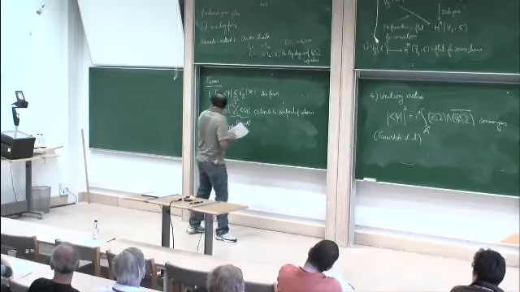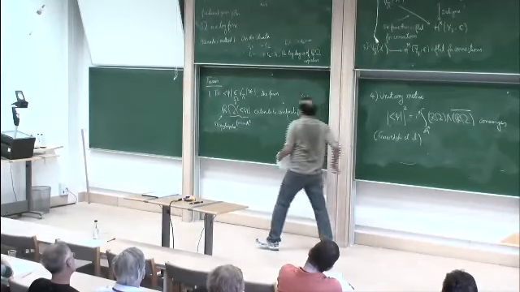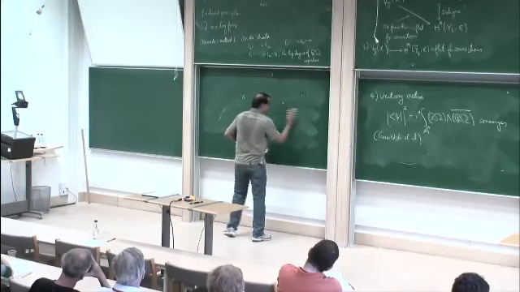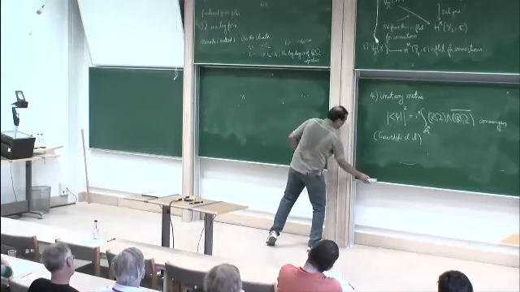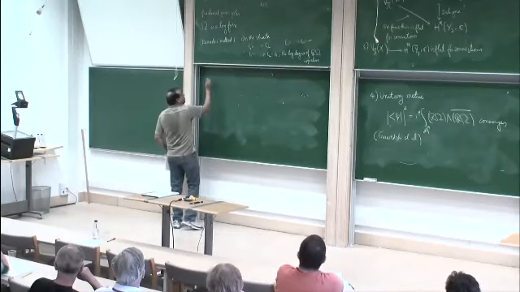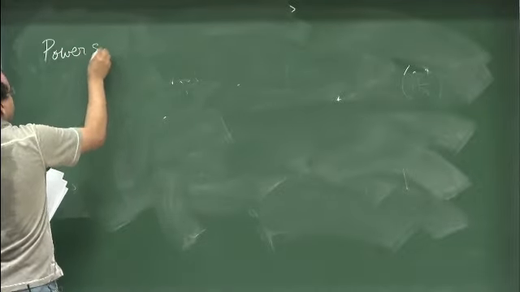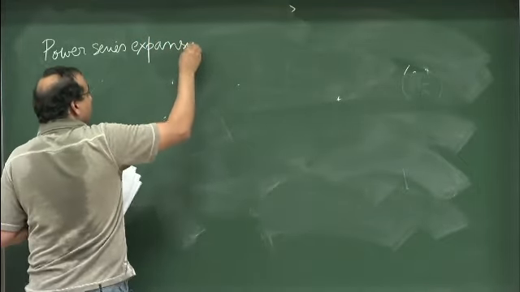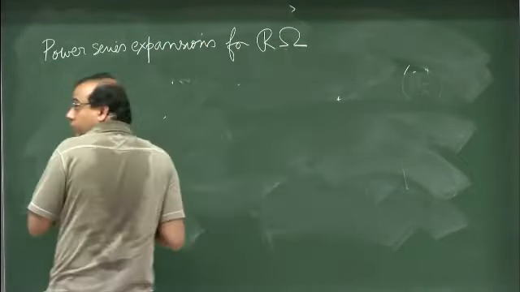So you need to somehow control this, and using the work of Tsuchiya, Ueno, and Yamada, one can write power series expansions. So one of the ideas in the proof is to use power series expansions. Let me give you an example of that.